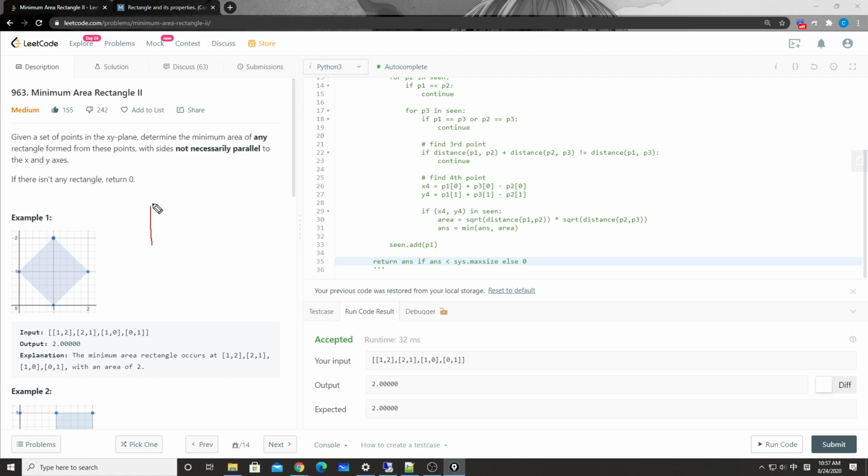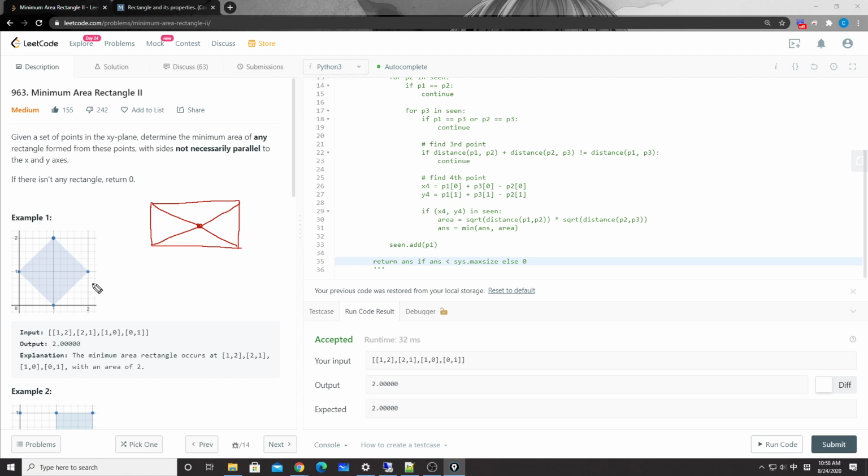If you guys remember the rectangle problem one, it's always like this, right? So basically there's only one possibility for the two diagonals. But with problem number two here, those two diagonals can be rotated, basically as long as the center point doesn't change.